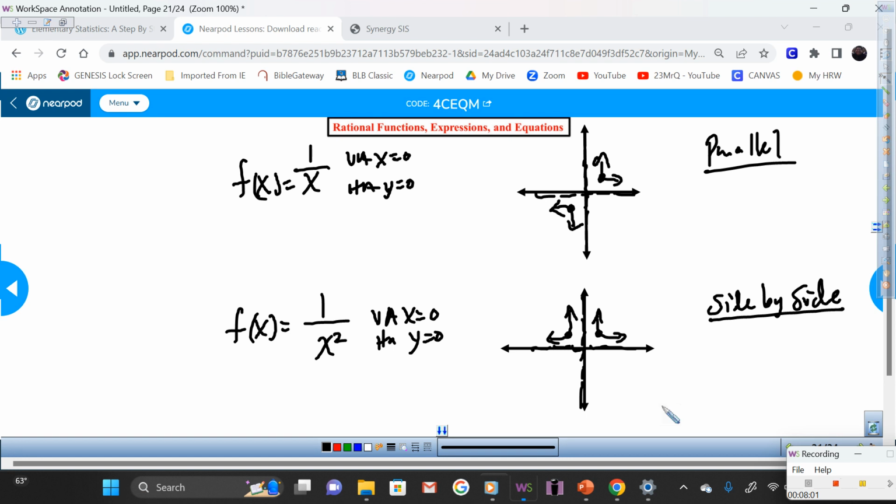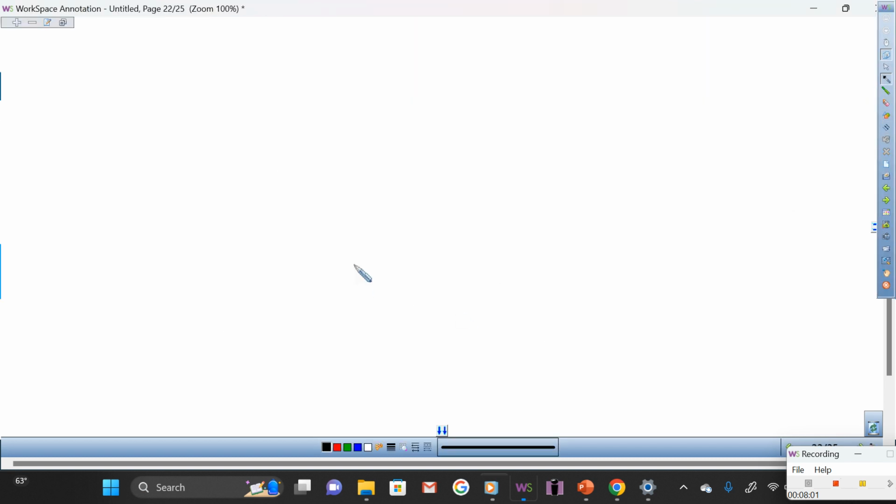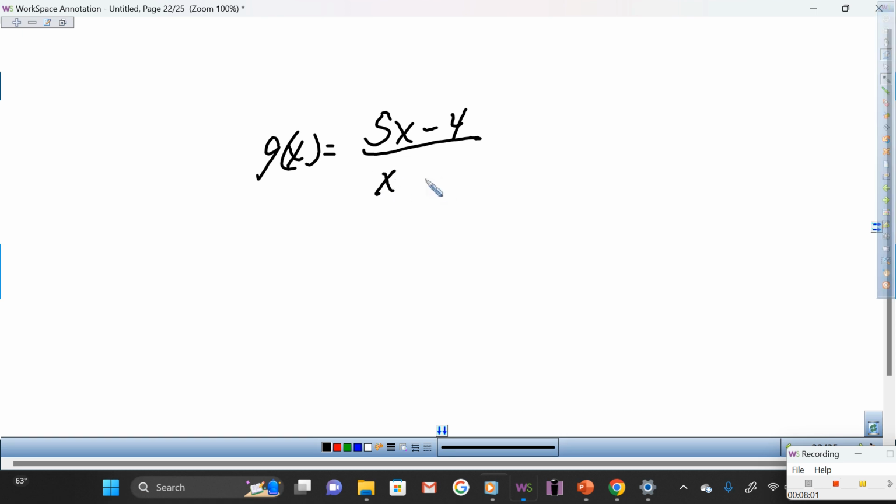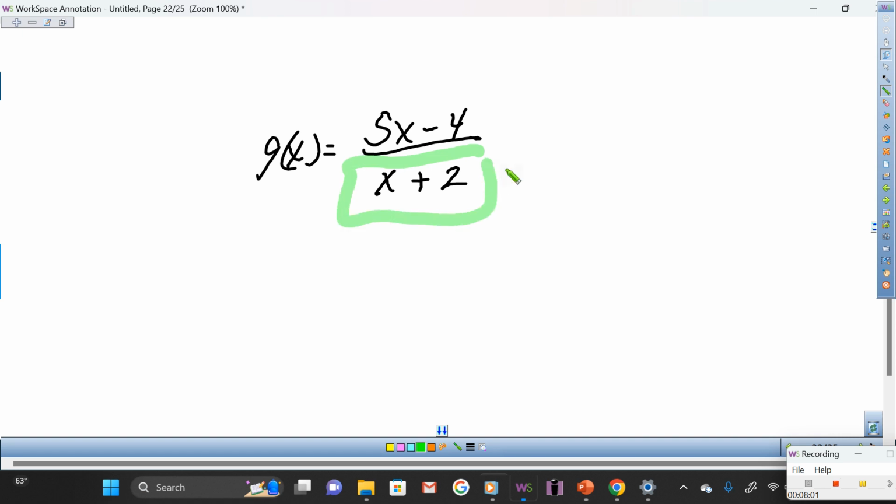So, how do we know which one to start with? Because we need to start graphing using the parent function. If I give you the equation g(x) = (5x - 4)/(x + 2), the first place you need to look is the denominator. Does it have a square anywhere?